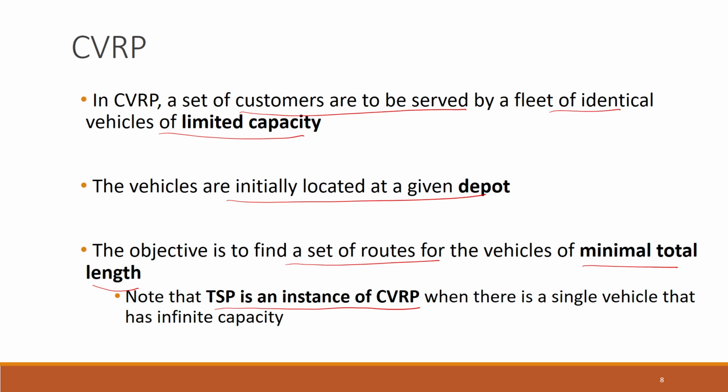Okay. So currently there are no algorithms to solve this vehicle routing problem optimally in polynomial time, and therefore we will be looking at some other ways to find solutions to this problem.